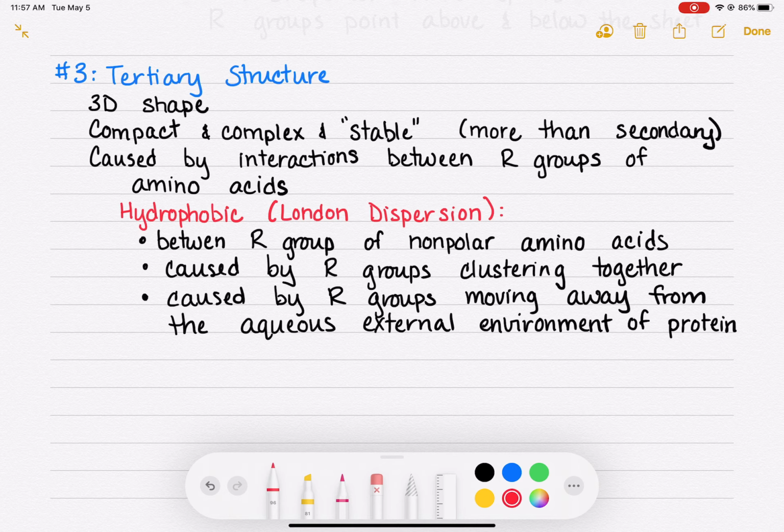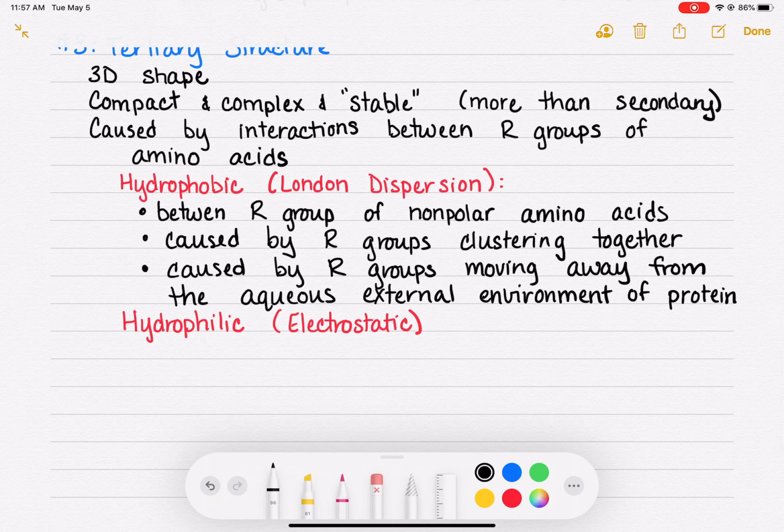Second type of interaction between the R groups is called hydrophilic. This is also sometimes called electrostatic. And this is basically the opposite of the hydrophobic interaction.